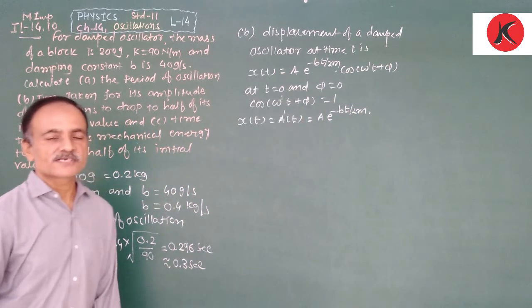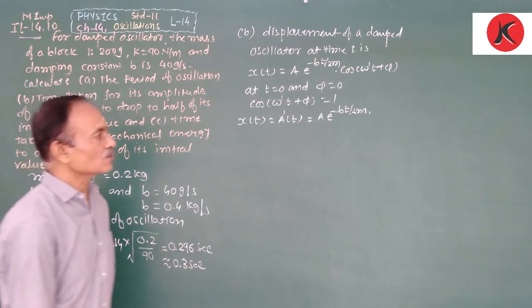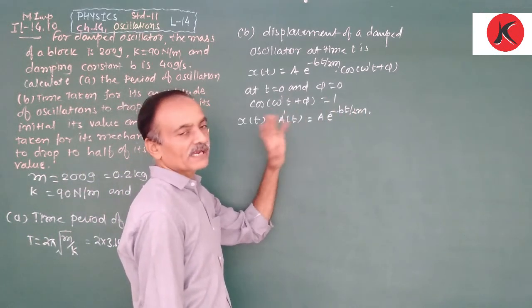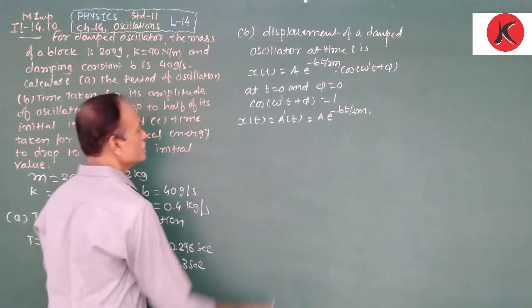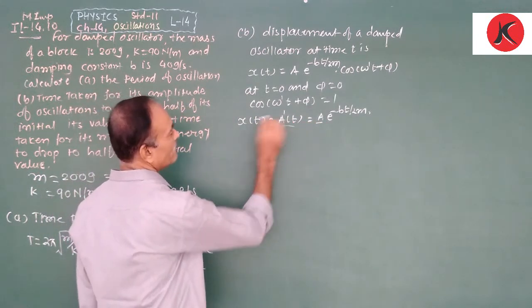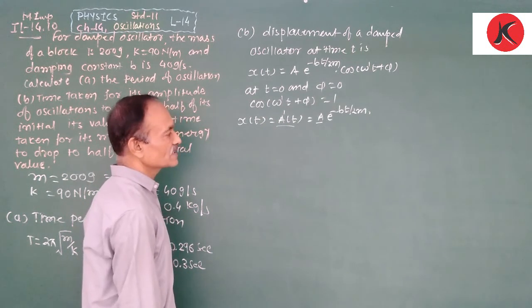Now we assume, suppose at time t equal to tau half, the amplitude becomes half of its initial value. A is the initial amplitude, and at time t, what is the amplitude of damped oscillation?